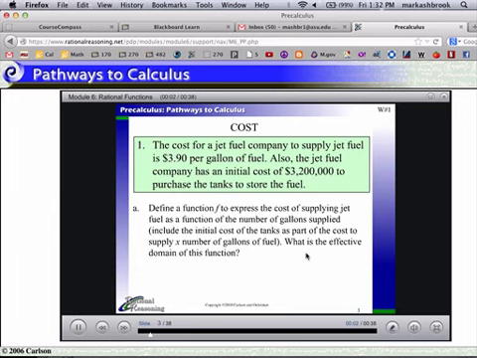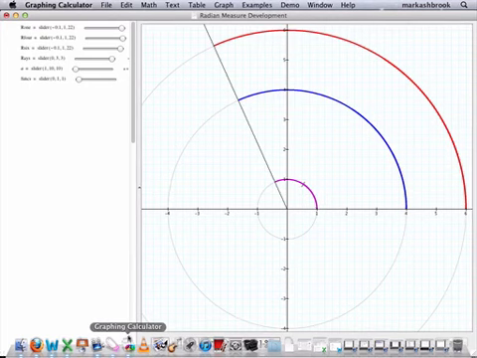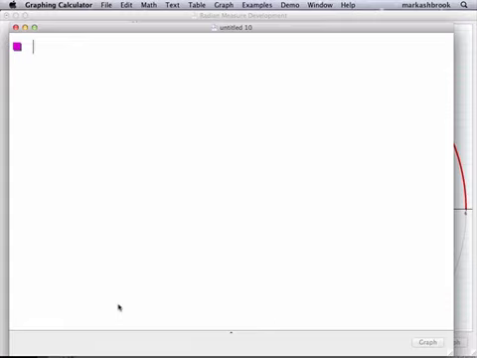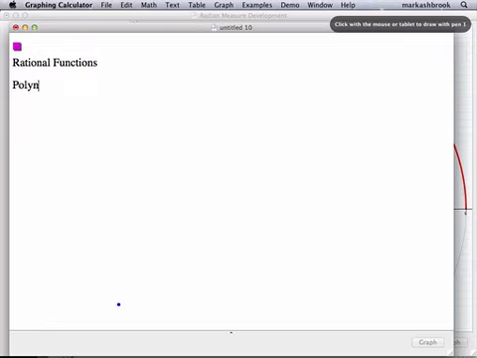Okay, so we're going to move on to Module 6. Module 6 is about what's called rational functions. We're going to take a lot of what we did with polynomial functions to talk about rational functions. So remember that a polynomial function was something like this.